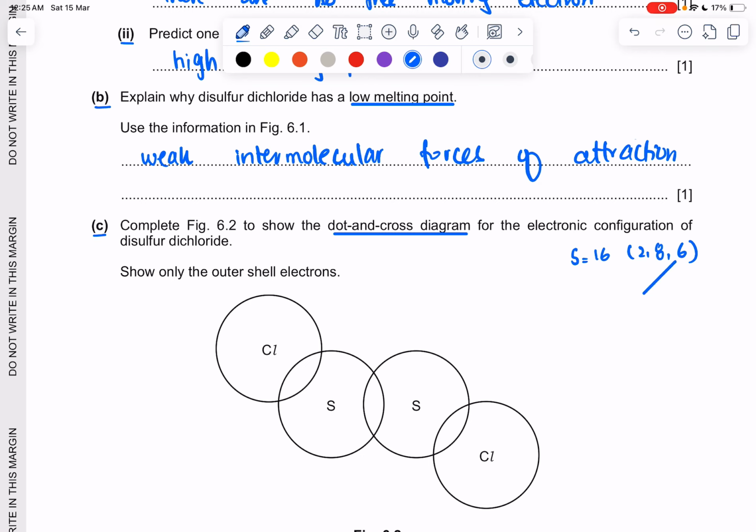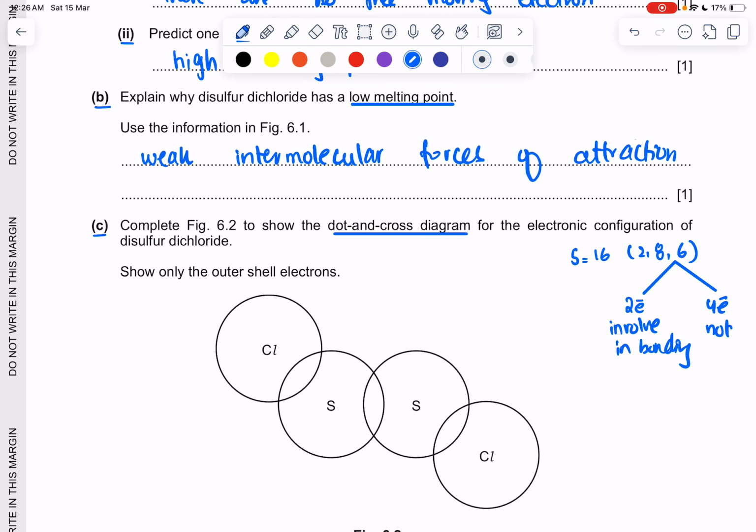It needs 2 more in order to complete its outermost shell. So out of 6, 2 electrons are involved in bonding, and the remaining 4 electrons are not involved in bonding.